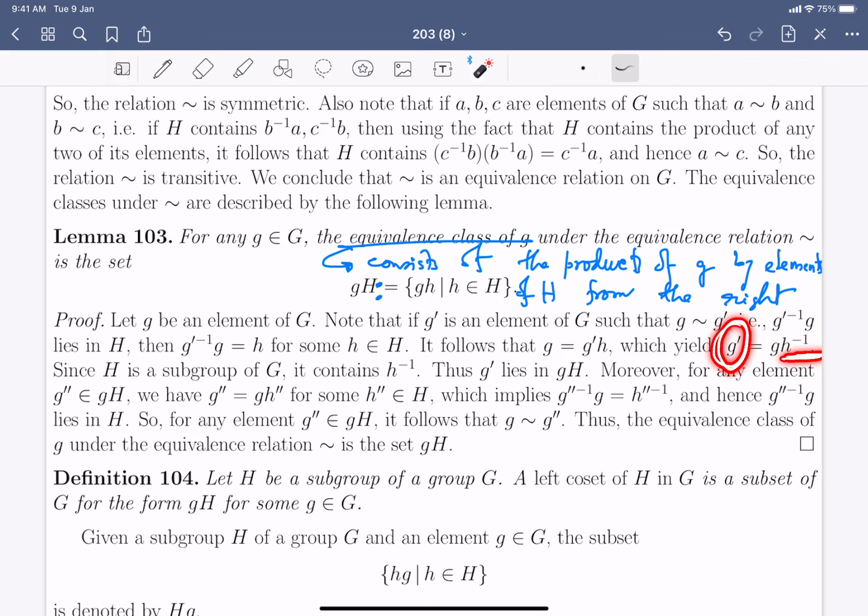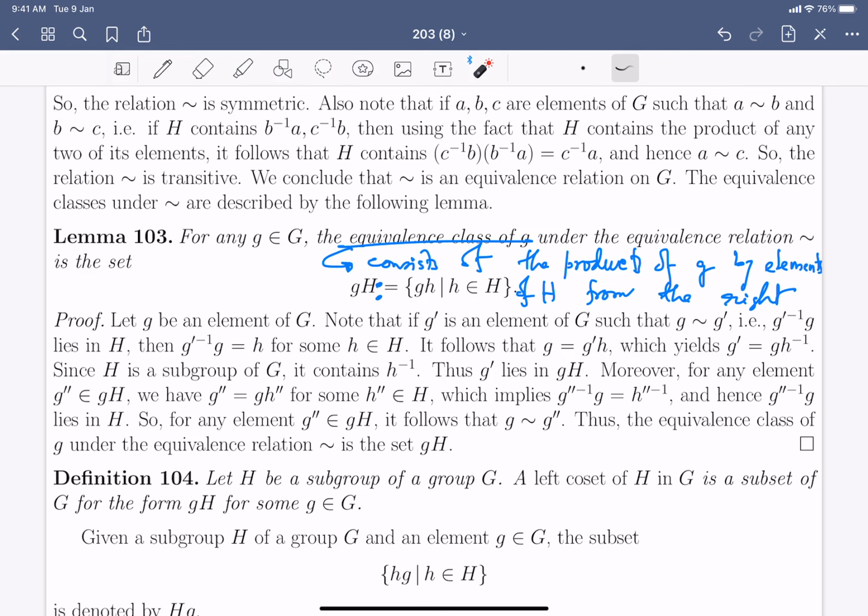So this element g prime lies inside the set gH, which is defined to be the set consisting of products of g by elements of H from the right. This follows after observing that the element h inverse also lies inside H. So you have proved that g prime lies inside gH. In other words, whatever element of G you pick, if g is related to g prime, then that element g prime has to lie inside gH.